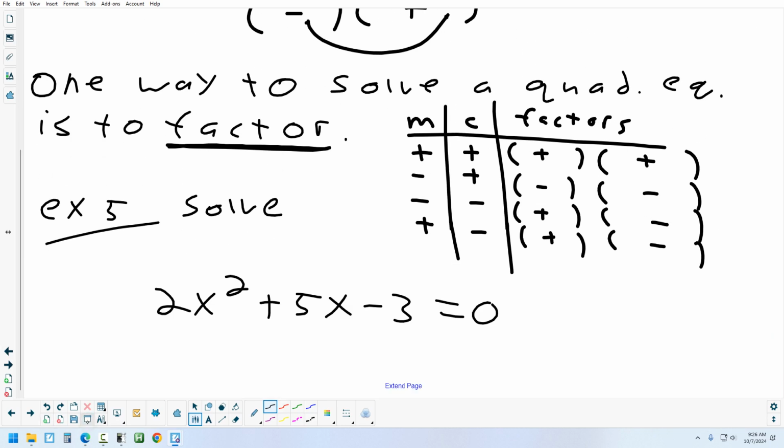Okay, so let's try this one. So right away, we can put 2 sets of parentheses. And when you are factoring, you always want to make sure it is equal to 0. This problem already is.